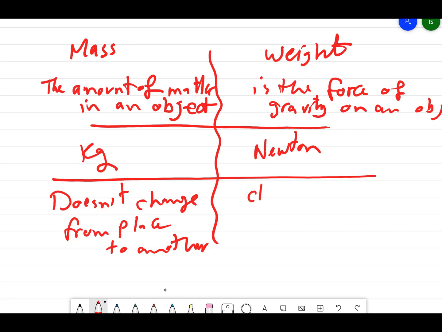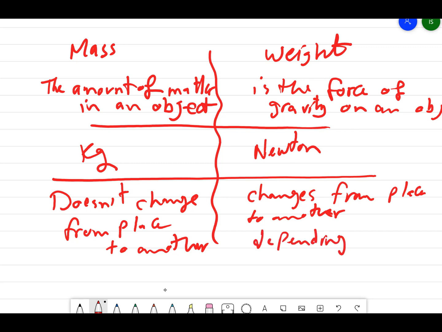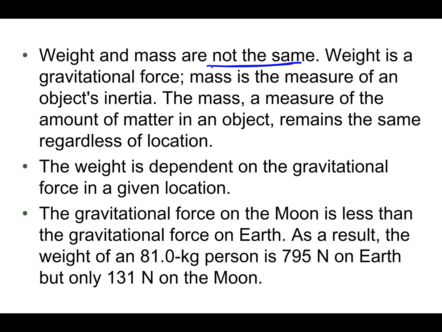The weight changes from place to another depending on gravity. The gravity on the moon, guys, is 1/6 the gravity on Earth. So you weigh less on the moon, but your mass is the same on the moon and Earth.